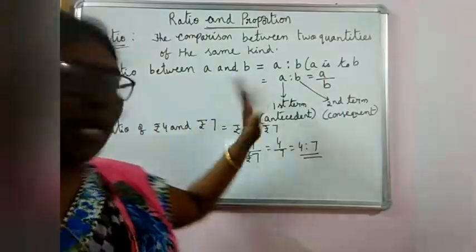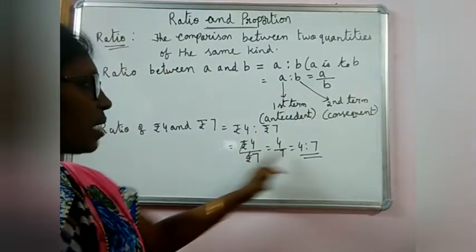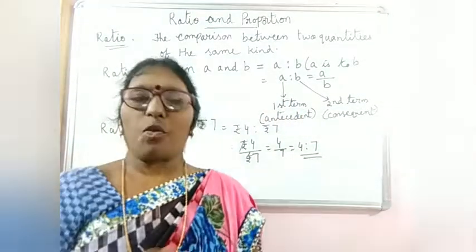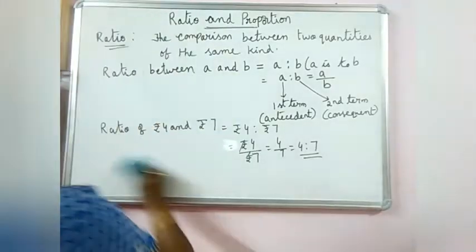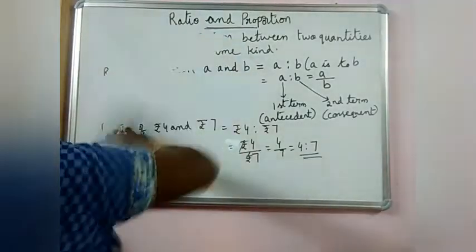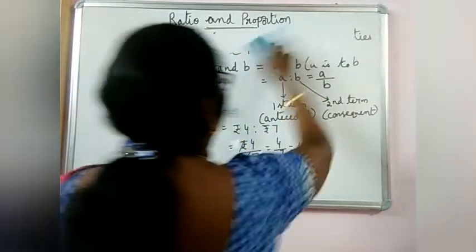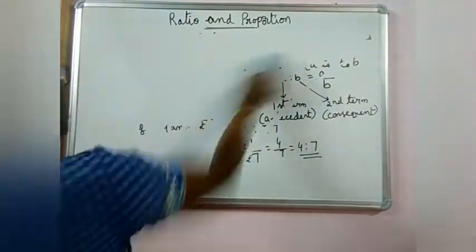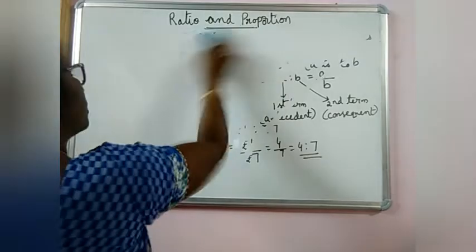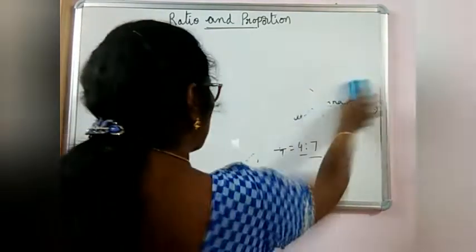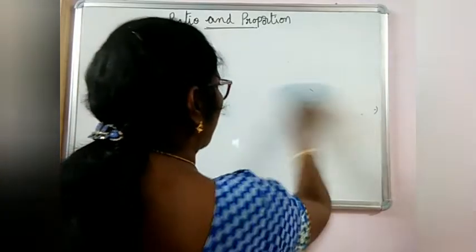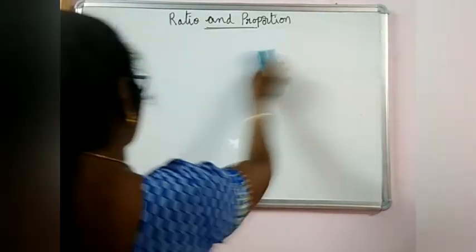So by now you are clear what is ratio, and these are the facts of ratio. What are the facts of ratio? Let me explain. In a ratio, the position of the terms is very important.